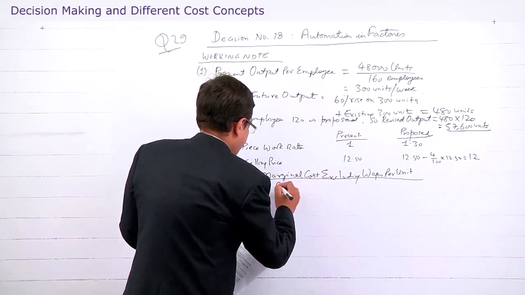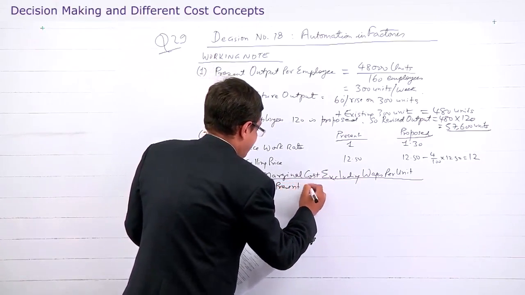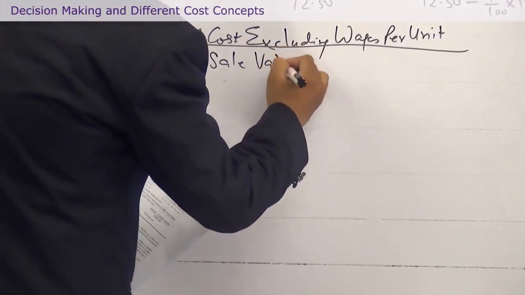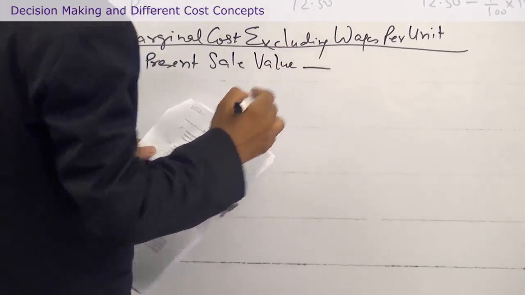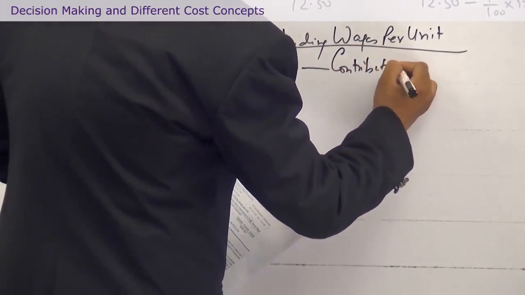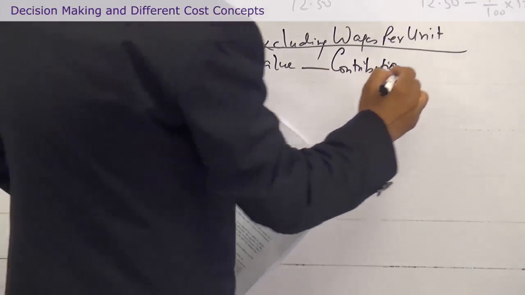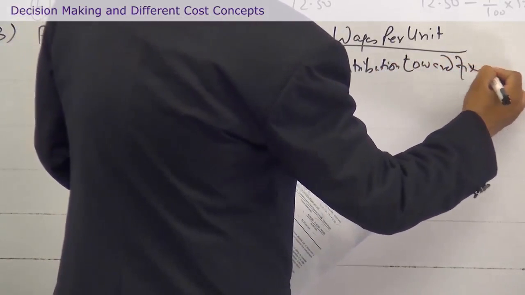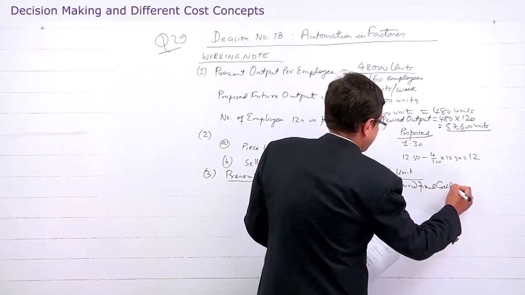Here you have to take present sale value and reduce it by contribution towards fixed cost and profit.